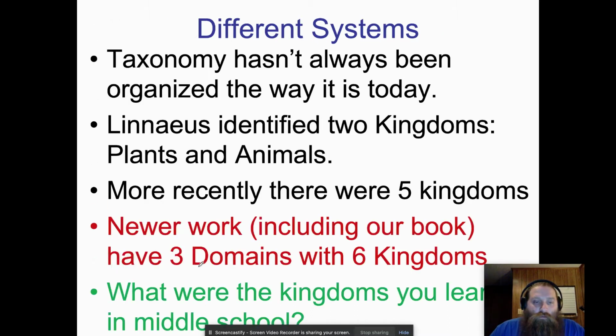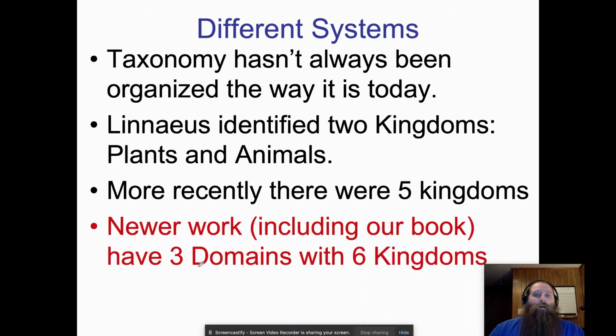In our different systems, taxonomy hasn't always been organized exactly the same way as it is today. Linnaeus, who we talked about in the last video, identified two kingdoms, just plants and animals. Remember, he was working in the 1700s, so microscopic organisms were still kind of coming into science, their awareness and understanding of them.